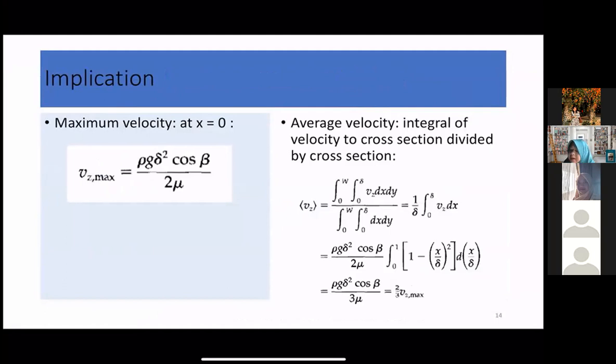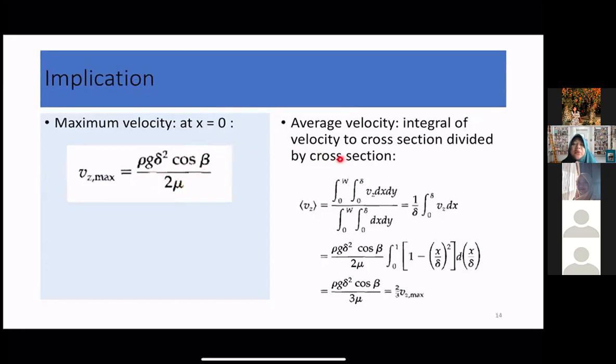We can find the maximum velocity at x equal to 0. So if you have a thickness of a falling film, which of course should be laminar, we can calculate the maximum velocity at x equal to 0, which is rho g delta squared cos beta over 2 mu.